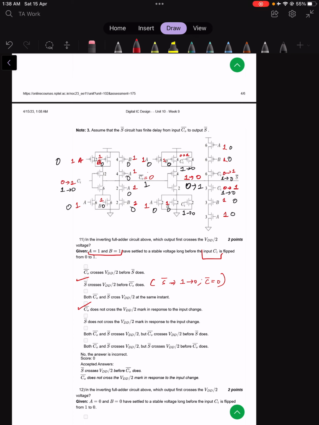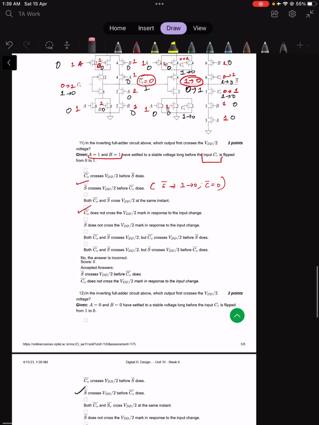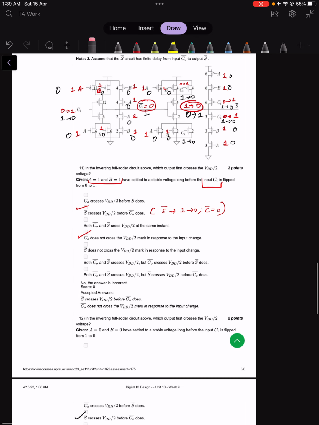You'll observe that C0 remains as 0, C0 bar remains as 0, and S bar switches from 1 to 0 as shown over here. If you observe the working for different A, B, Ci, you will be able to conclude that S bar crosses VDD by 2 before C bar does. Since C bar is always 0, C bar does not cross VDD by 2 in response to the change in input. These are the 2 correct answers.